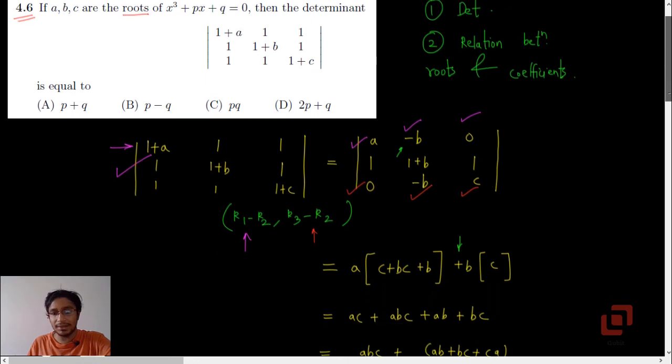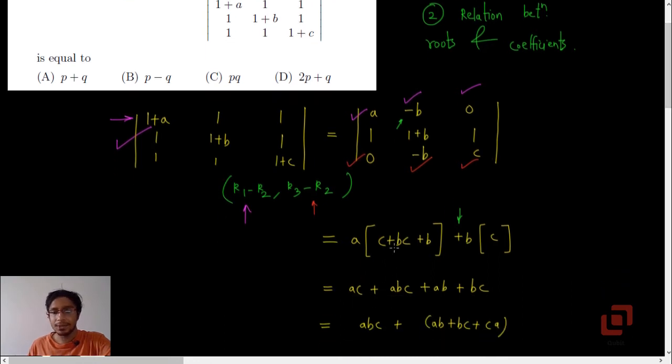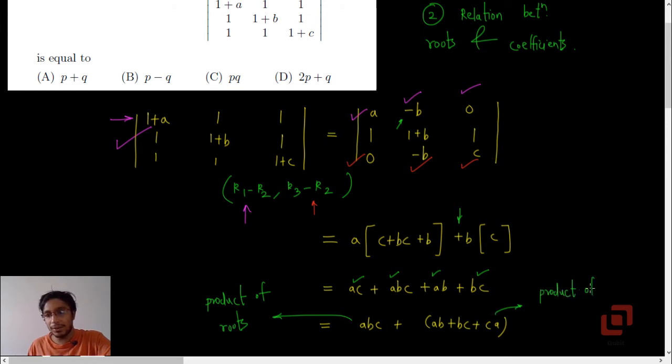Simplify that: ac plus abc plus ab plus bc. So it is abc, that is the product of the roots, plus ab plus bc plus ca, so this is the product of the roots taken two at a time.